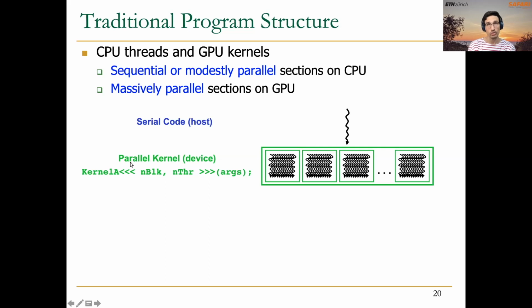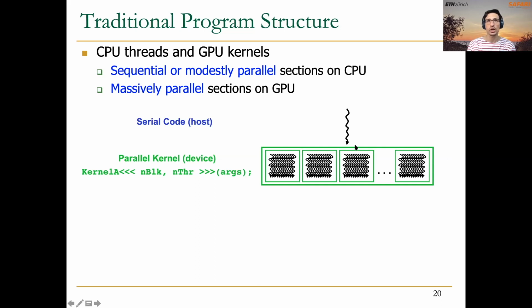Because as we are going to see today, GPU threads are not simply launched onto the hardware. They are first grouped into thread blocks, and these thread blocks, when it comes to executing the code on the GPU hardware, are going to be mapped onto the GPU cores.